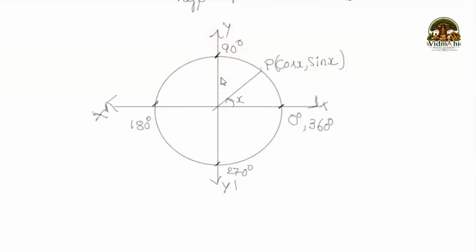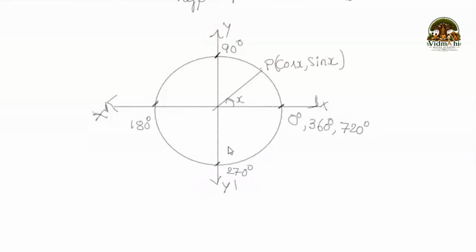Suppose it rotates completely one rotation, and after two rotations, now what is the angle? If it completes two rotations, what is the angle? 720 degree.